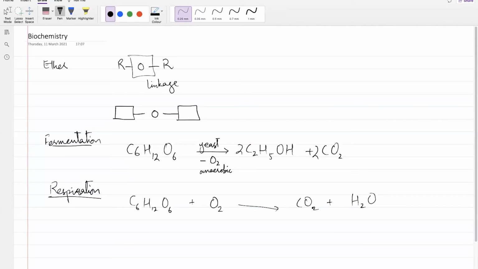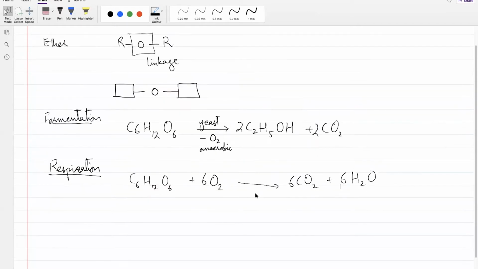Okay, so we'll balance this equation. There you go. Once it's balanced, we have this here. So this is respiration. Obviously, there's a lot more to this than just that arrow. Okay, so that's how it goes.